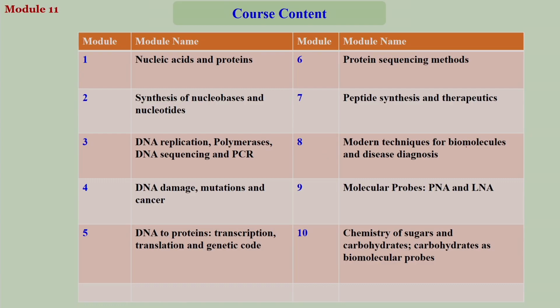In module 8 we talked about certain modern techniques that we use in chemical biology for diagnosis of disease. Module 9 was on molecular probes, PNA and LNA. Module 10, the module that we have just finished, is the chemistry of sugars and carbohydrates, and how we can use carbohydrates as biomolecular probes.